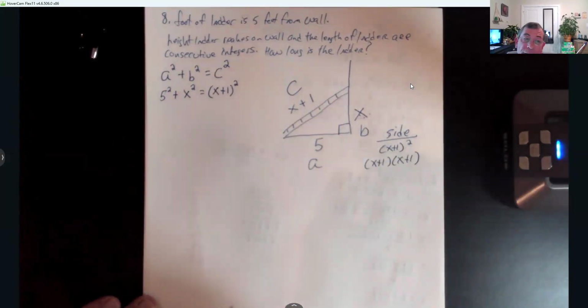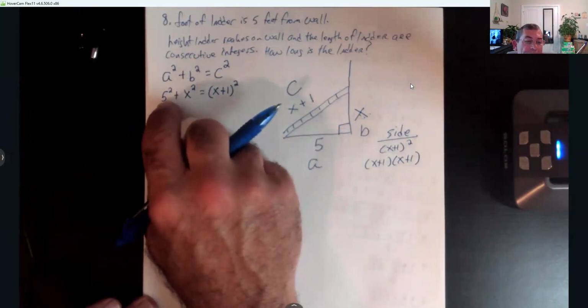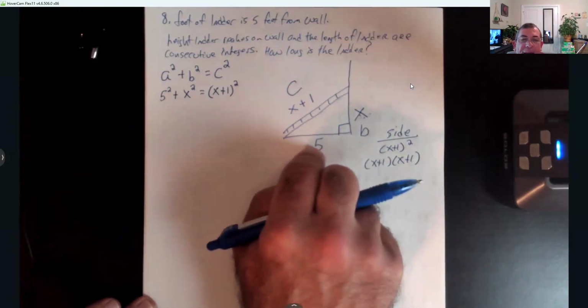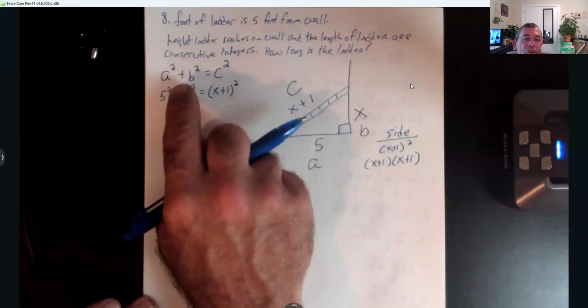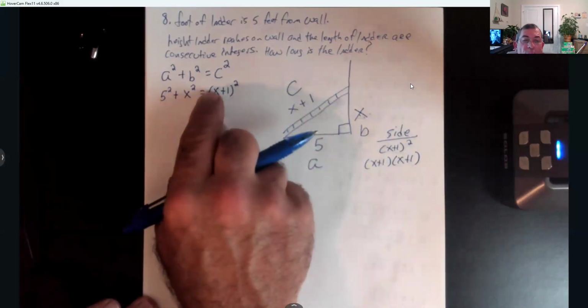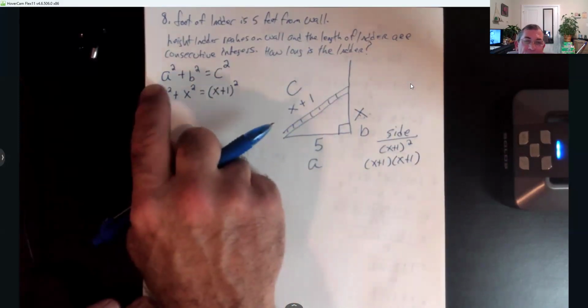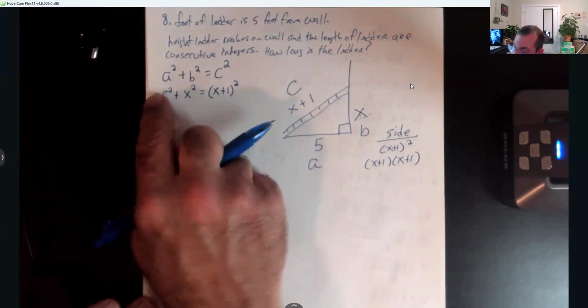Now, y'all, I'm going to tell you this. When you work this problem, the only difference is going to be the 5, however long this side is, because consecutive integers are always going to be the x and the x plus 1. So the problem y'all get is going to work exactly like mine other than that 5, okay?